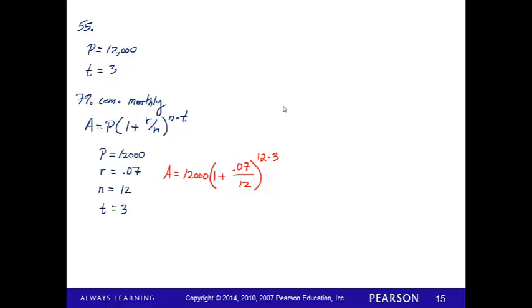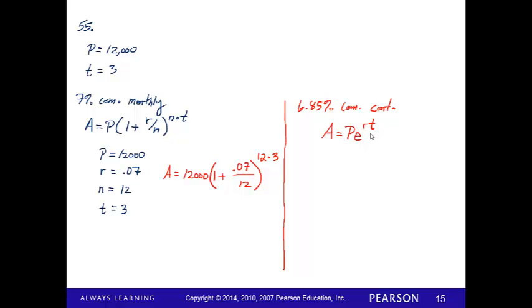Now let's look at the 6.85% compounded continuously, which means it's a totally different formula, right? A equals P times E raised to the RT power. Again, P is the 12,000. We have the rate, and we have the time.